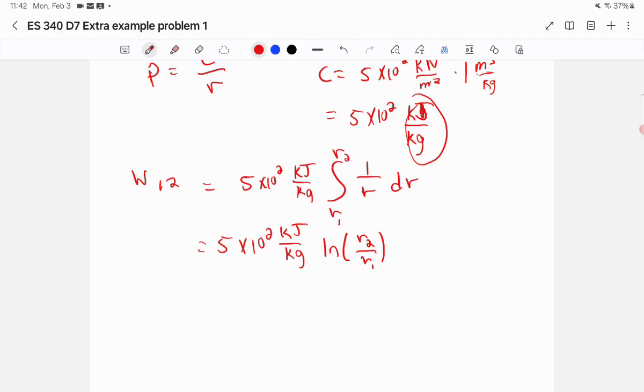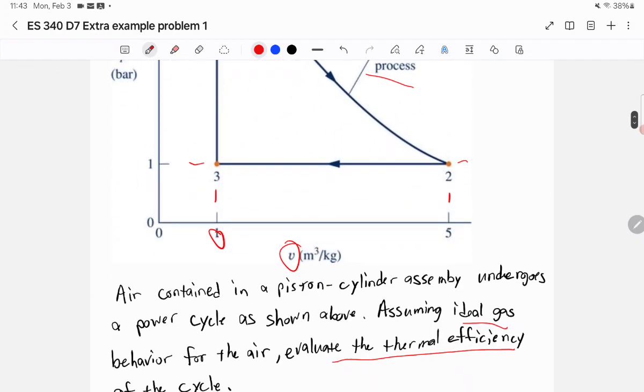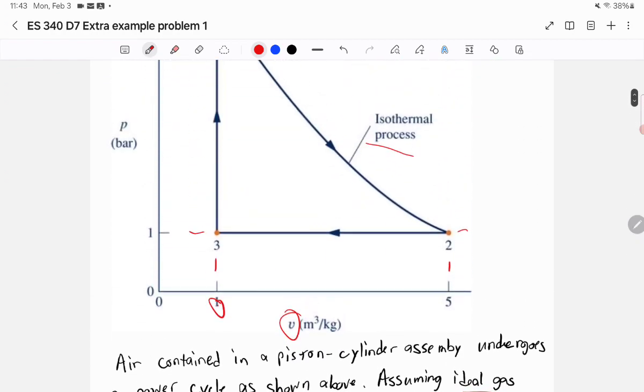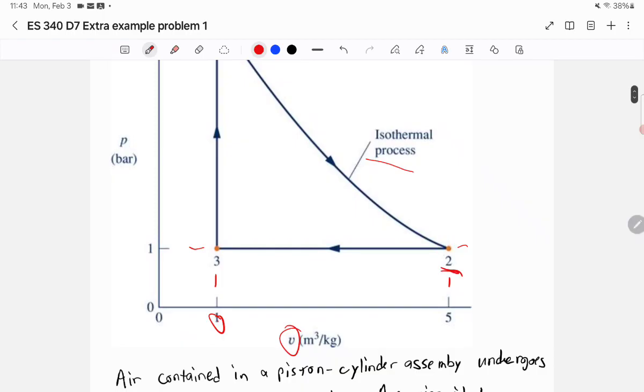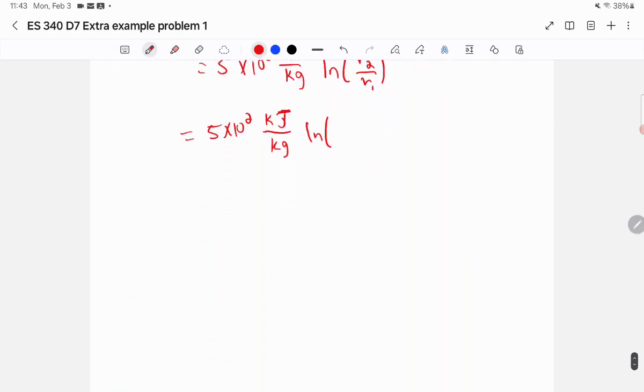if we want to obviously go that route, which is equal to 5 times 10 squared kilojoules per kilogram times the natural log of, what was the volume? V2 is 5 cubic meters per kilogram.